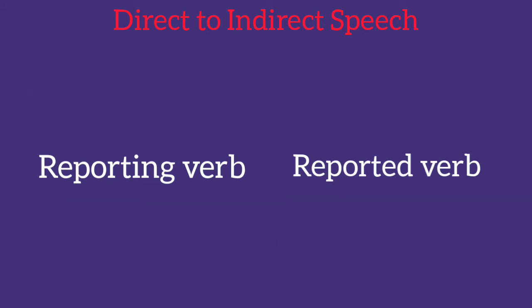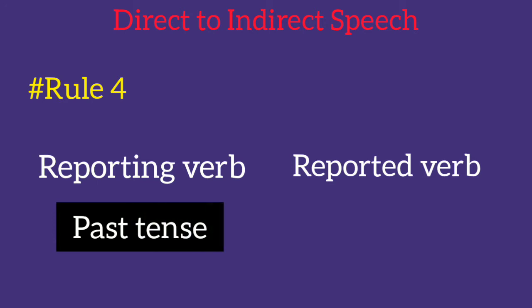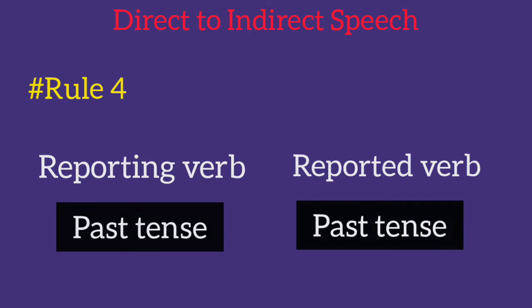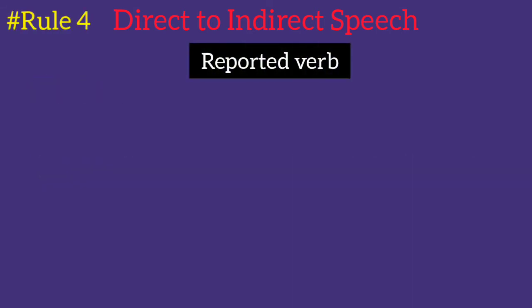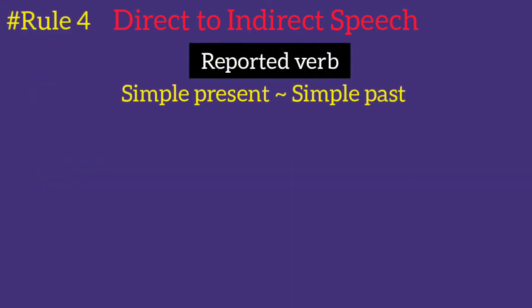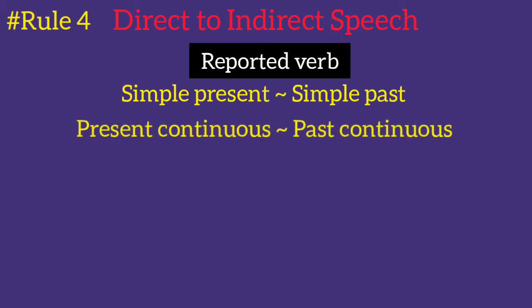And the fourth rule is if the reporting verb is in the past tense, the reported verb should also be in the past tense. If the reported verb is in simple present tense, it should be changed to simple past tense. Likewise, present continuous tense will become past continuous tense.